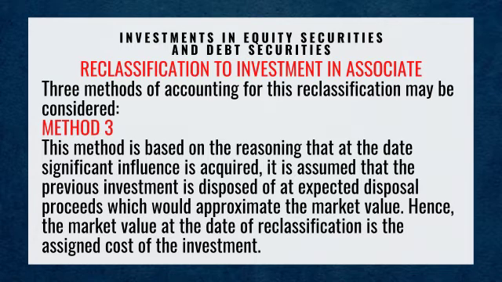This method is based on the reasoning that at the date significant influence is acquired, it is assumed that the previous investment is disposed of at expected disposal proceeds, which would approximate the market value. Hence, the market value at the date of reclassification is the assigned cost of the investment.